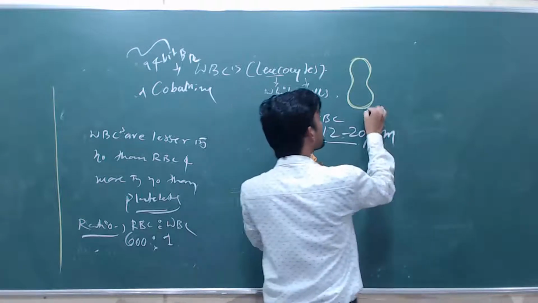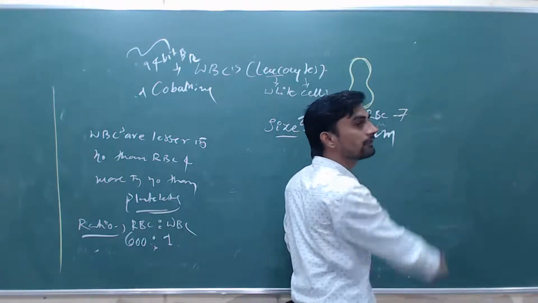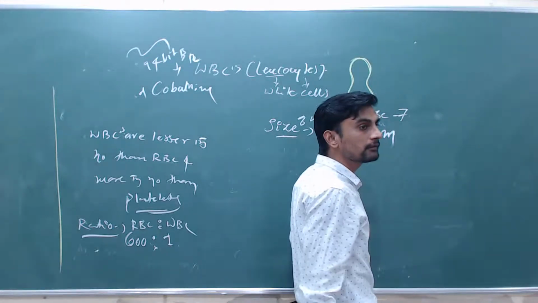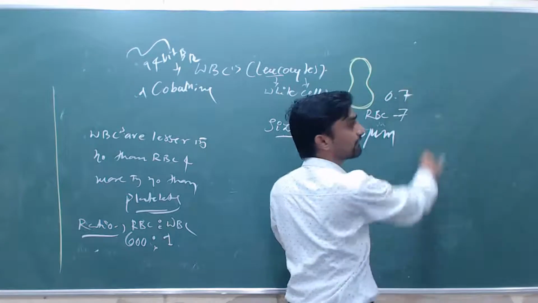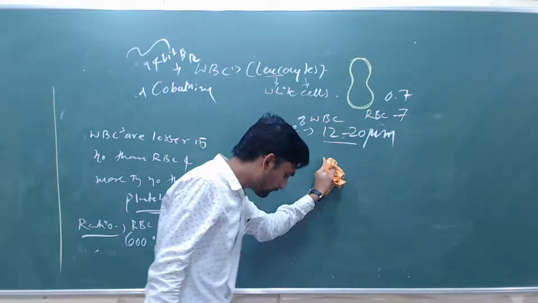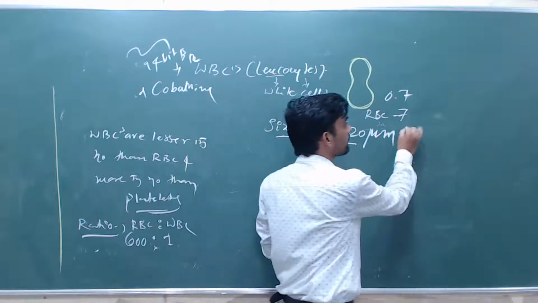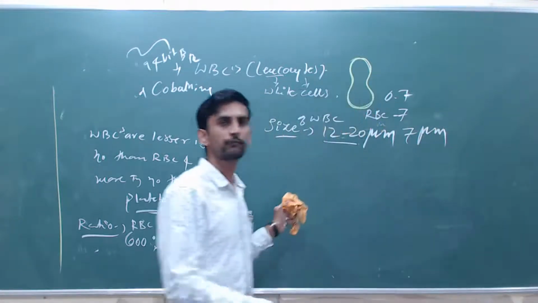Size of RBC means 0.8. Actually, you should write it as 0.7. So how will 0.7 convert into micrometer? 7 micrometer.